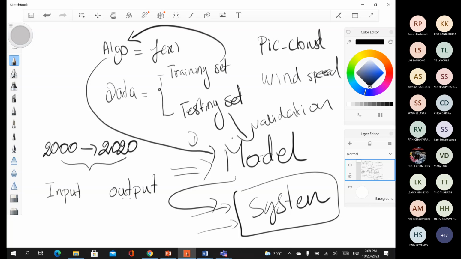I do not know whether some of you have learned this already or not. I just try to tell you the way we represent a model in research terms. If I use a machine learning algorithm, the way I generate the model is like this. I have the previous data and I have the algorithm. I use the previous data to train my algorithm to become a model. How can I evaluate my model?